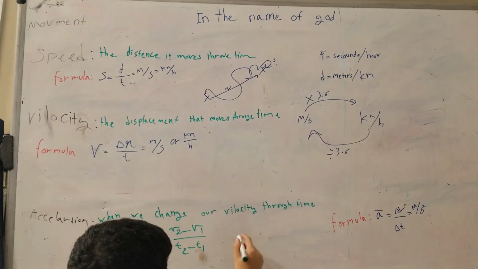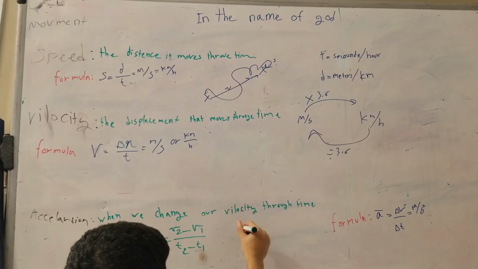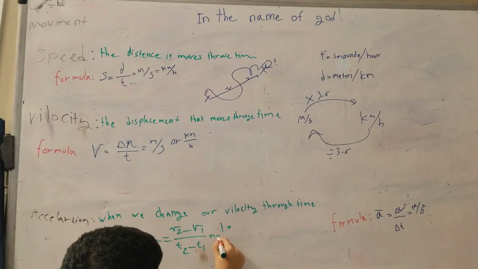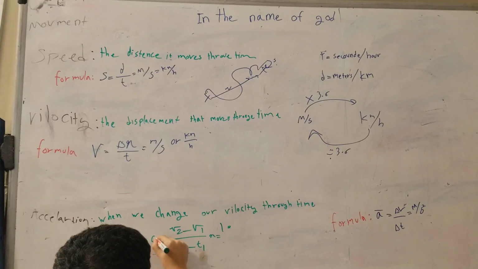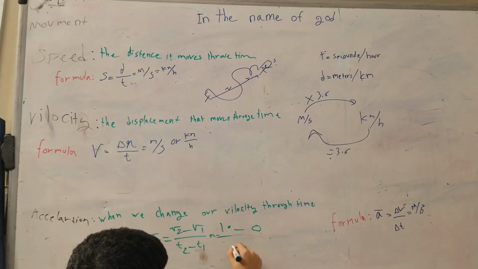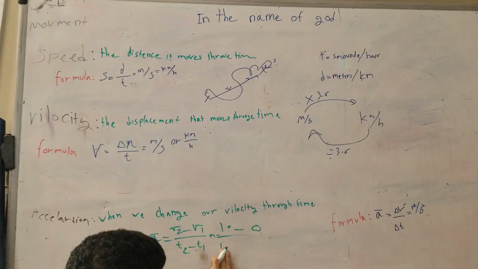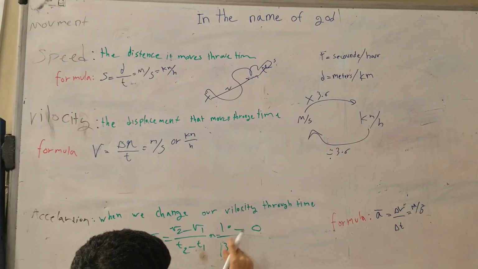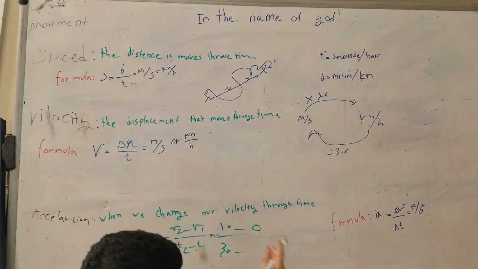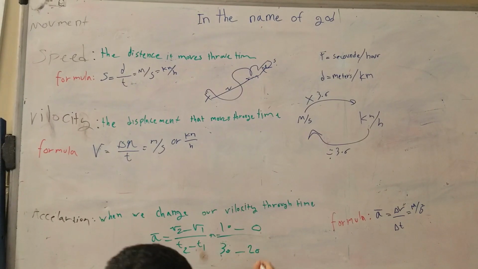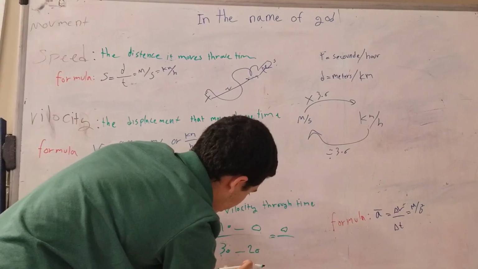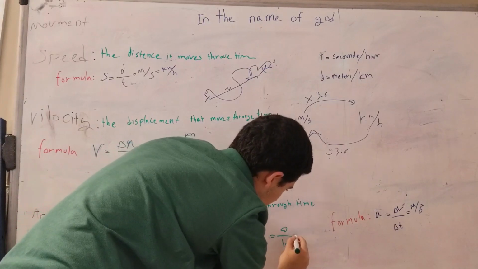Let me give v2 a 10 and v1 a 5, and t2 would be 30 seconds, minus t1 of 20. Then the answer will be 5 over 10.